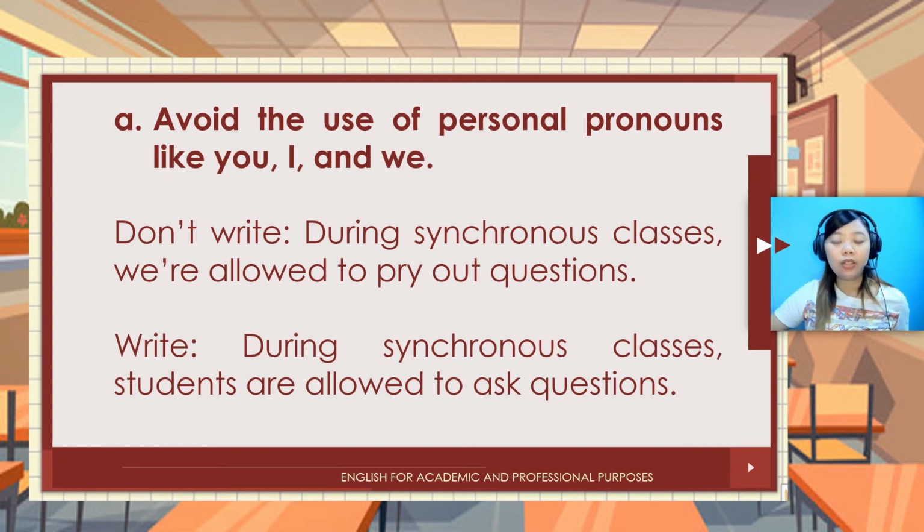Another thing is pry out, which is vague and an informal term. So how are you going to write it? During synchronous classes, students are allowed to ask questions. Instead of we, a specific noun, students, is used in the sentence, and pry out questions is turned into simply ask questions.